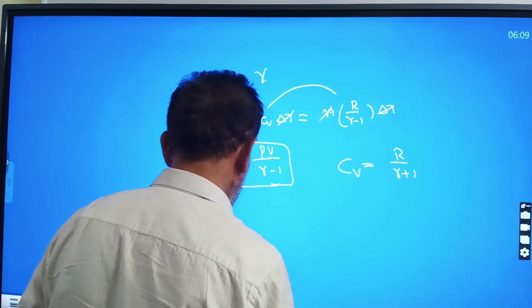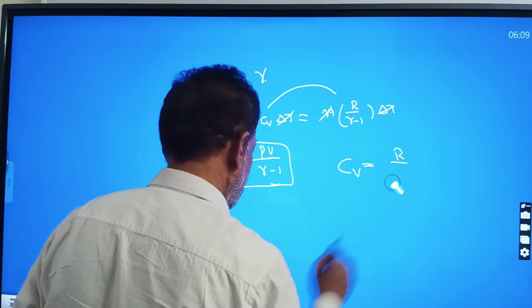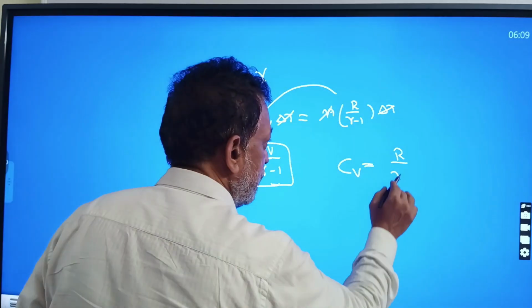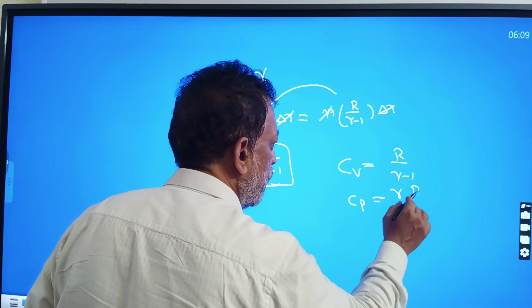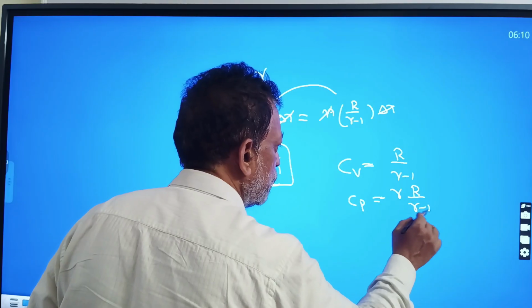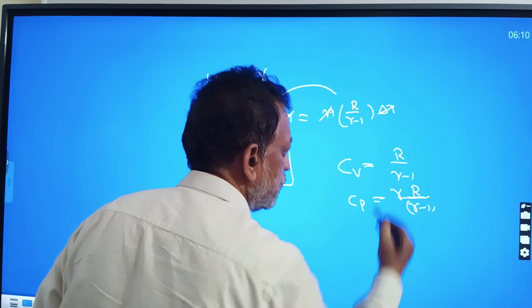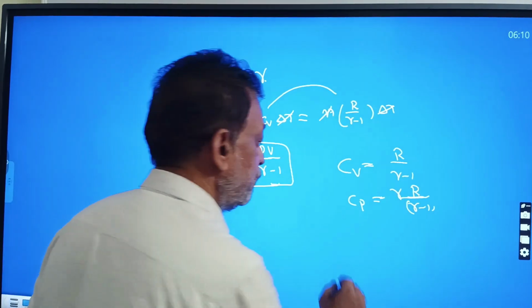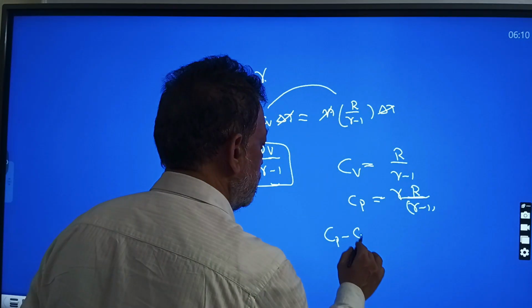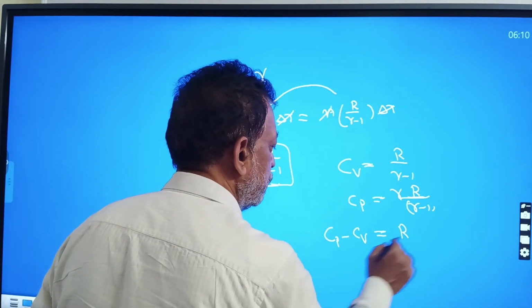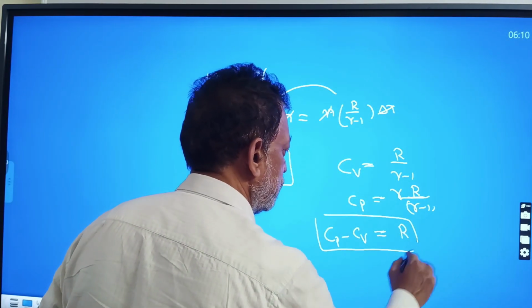What is Cp? Cp is equal to gamma into R by gamma minus 1. How did you get this? Cp minus Cv is equal to R. This is called Mayer's formula.